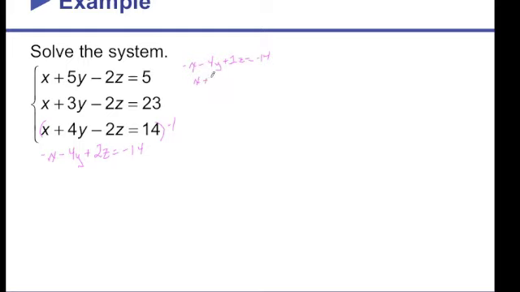So x plus 5y minus 2z equals 5. The x's go out. I end up with 1y. Oh, the z's go out. And it equals -9. So I have a y value already. Y equals -9.